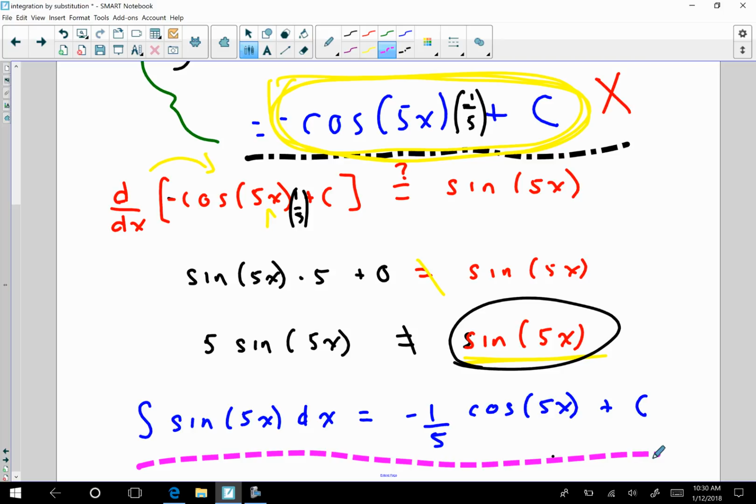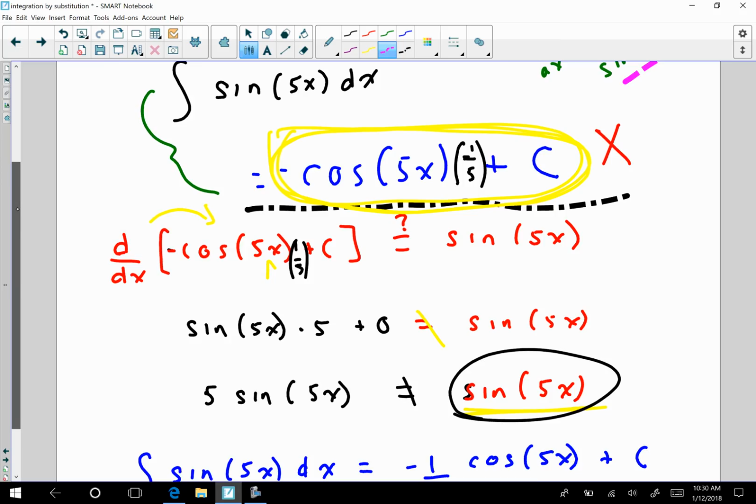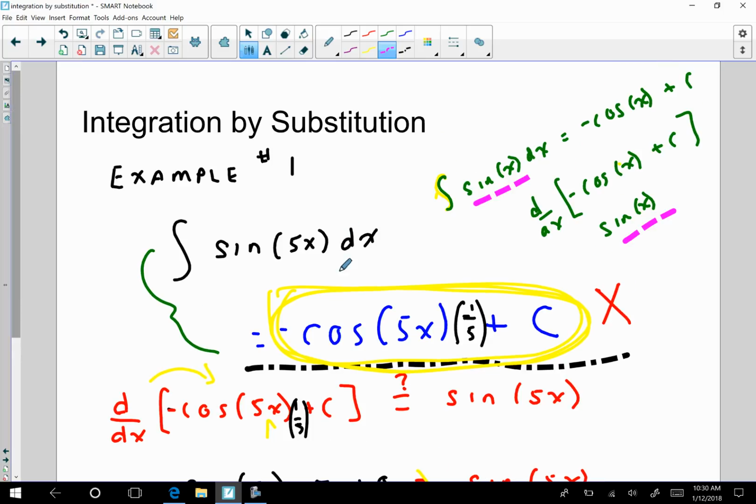Many students are uncomfortable with this guessing and checking and coming up with this constant on their own. So to deal with that, let's give you a formal formula to do an antiderivative where I have an inside other than just x.